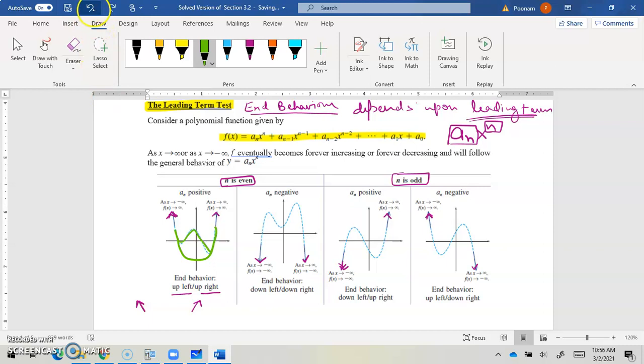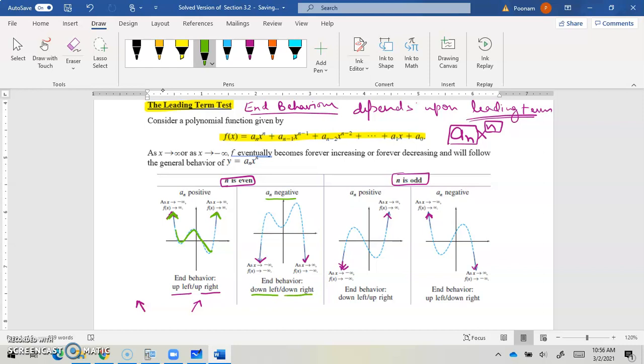We are not sure what happens in between, but we are sure that on the left end the graph will be going up, and on the right end the graph will be going up. If n is even and the leading coefficient is negative, on the left side the graph goes down and on the right side the graph goes down too.